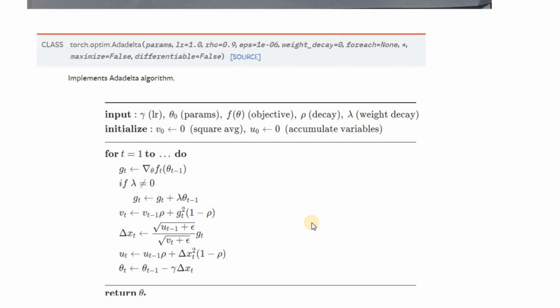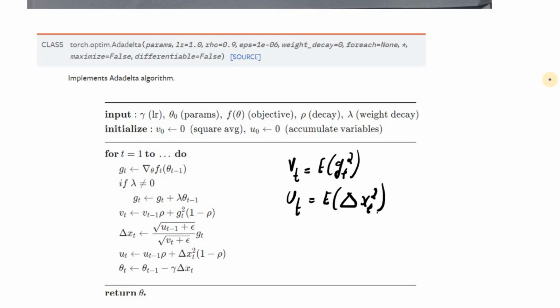Now if we see the PyTorch implementation from the paper, and based on the derivations which we have done till now, we can easily observe that this Vt which is mentioned in the paper is nothing but the expected value of gt square, and this ut is nothing but the expected value of delta xt square. That's it.